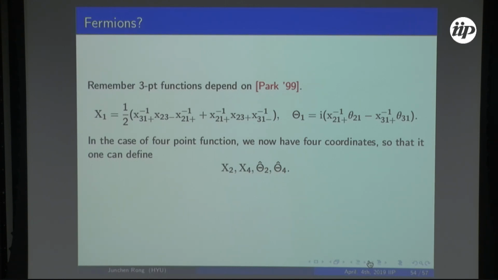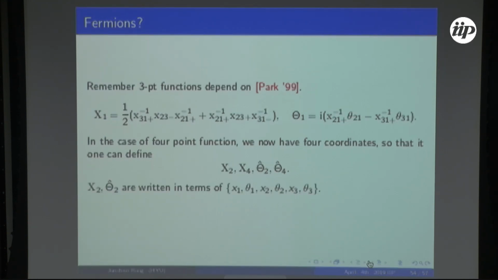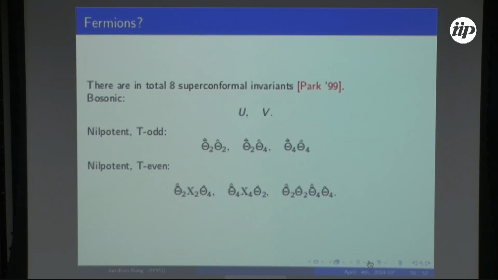this counting of whether we should include fermions. And remember I said there are some superspace coordinates, capital X and capital theta. Using them, we can count the superconformal invariants in an N equal to 1 superconformal field theory. And it turns out there are these ones, and these terms destroy time reversal symmetry, and these terms preserve time reversal symmetry.